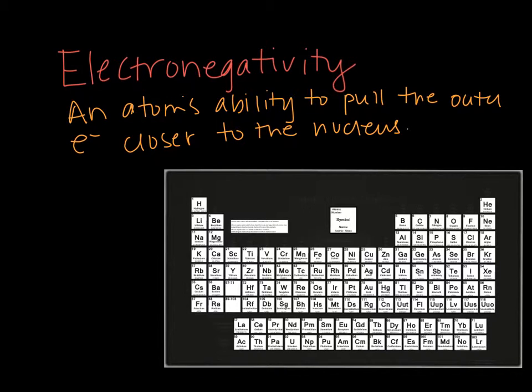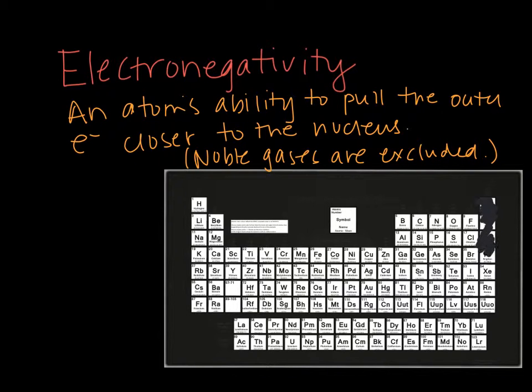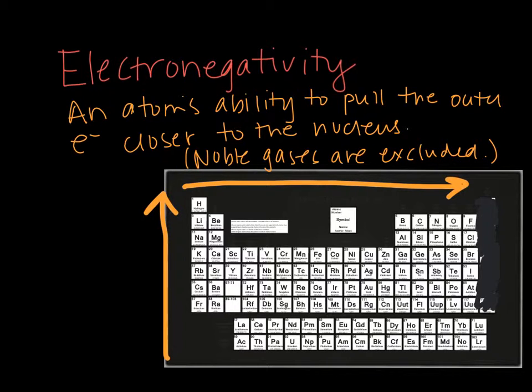Now we ignore the noble gases, so noble gases are excluded. So I'm going to black those out. And the trend goes to the right and up on the periodic table.